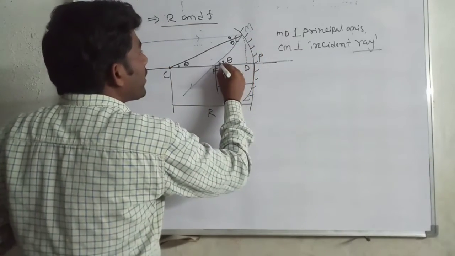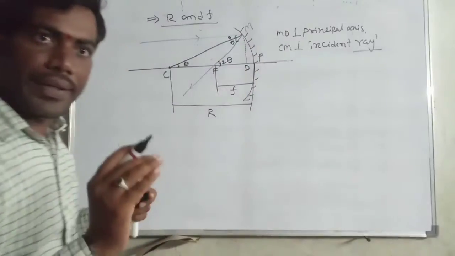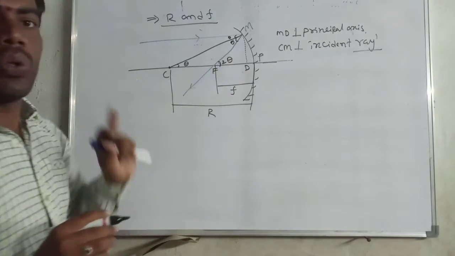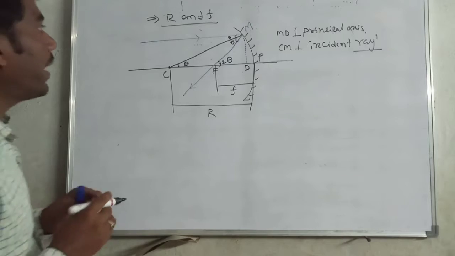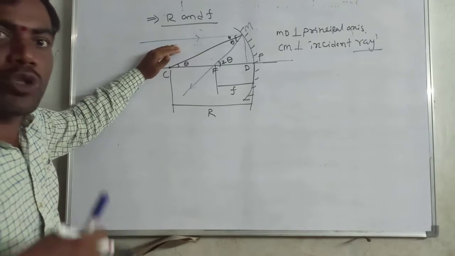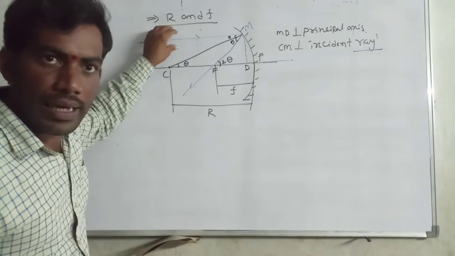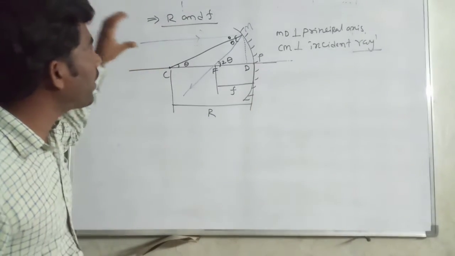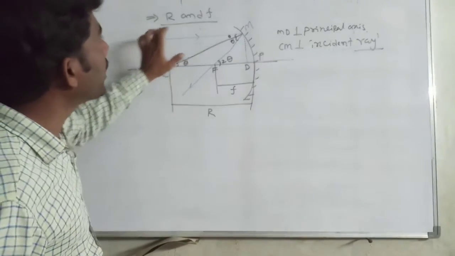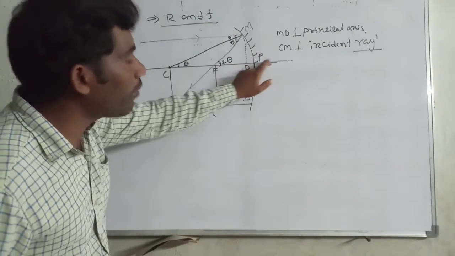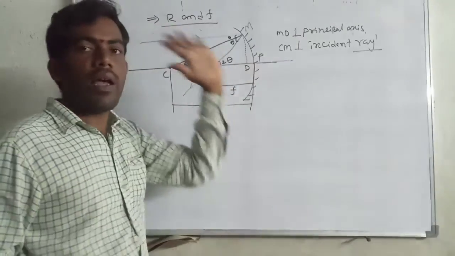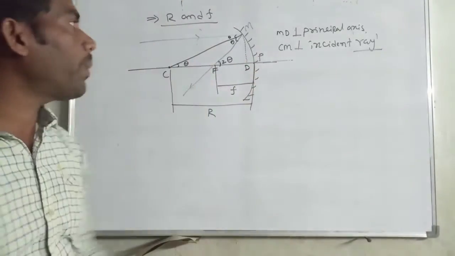That's why this one is taken as 2 theta. Then this ray is also assumed to be a paraxial ray. It means it has two characteristics: one is its incident point is near the pole, and it makes a small angle with the principal axis. These are important points.